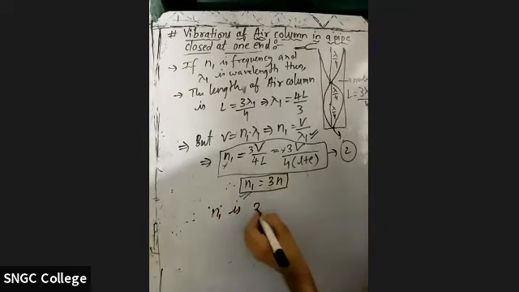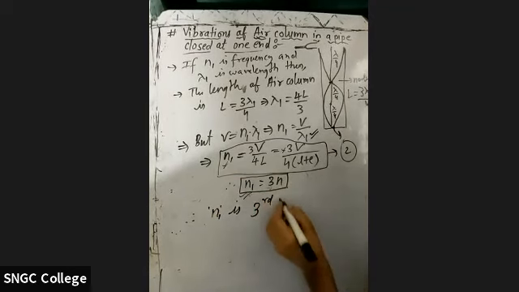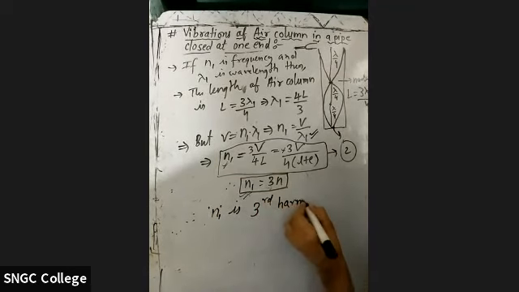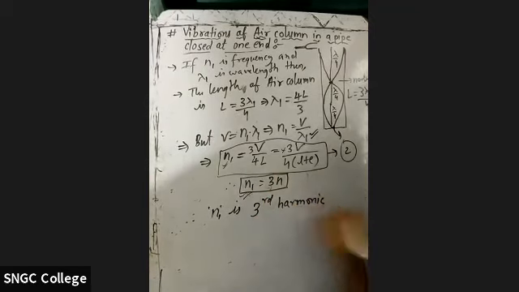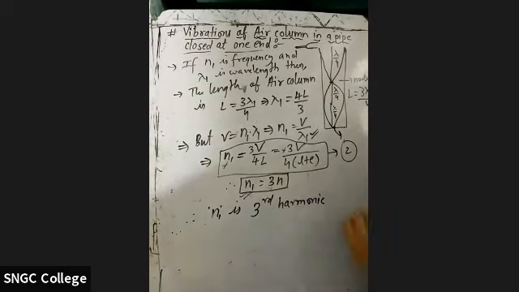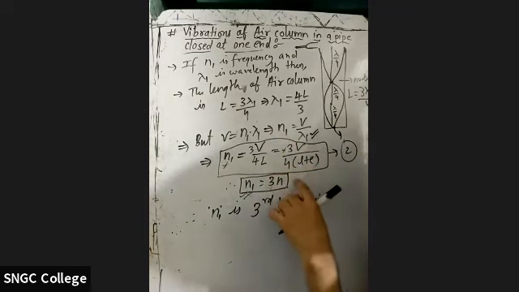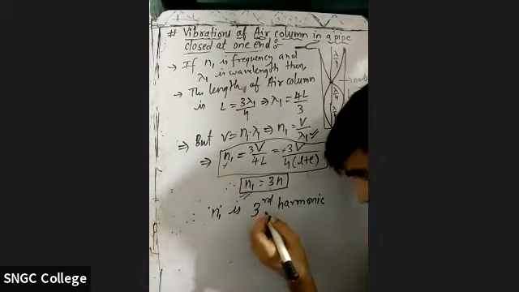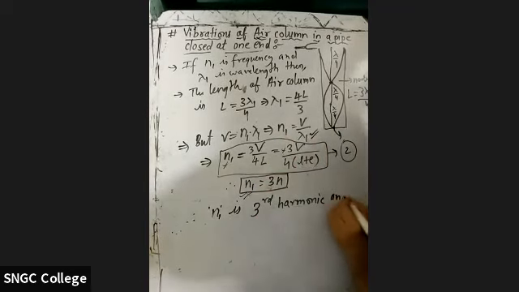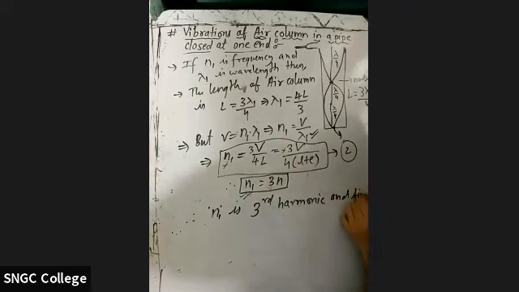Third harmonic. और ये फर्स्ट हमारा हायर फ्रीक्वेंसी है. फंडामेंटल फ्रीक्वेंसी के बाद this is the first higher level frequency. So this would be called the first overtone. So n1 is third harmonic and first overtone.